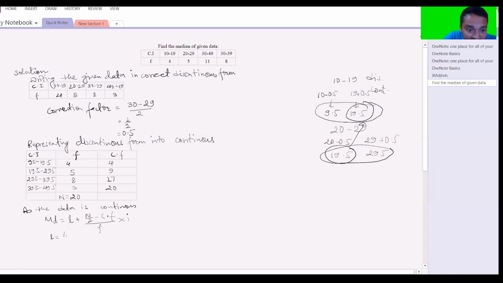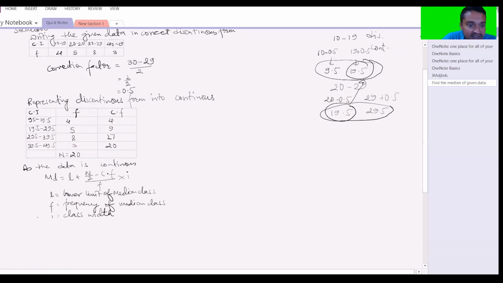Now we need to know what this L means. L is the lower limit of the median class. F is the frequency of the median class. I is the class width, or that is the gap. And one more is left, that is CF.